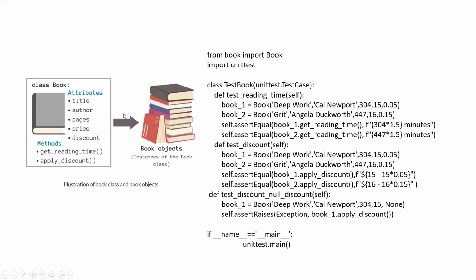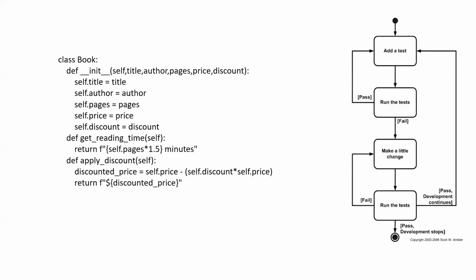So for example, I have a class called Book. So we say book dot get reading time, and then we pass the book name or the author. These are the parameters we pass, the attributes. Do you understand how we call it? Like here, you can see in this example, I have a class called Book.